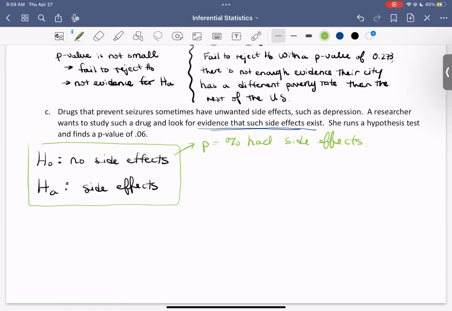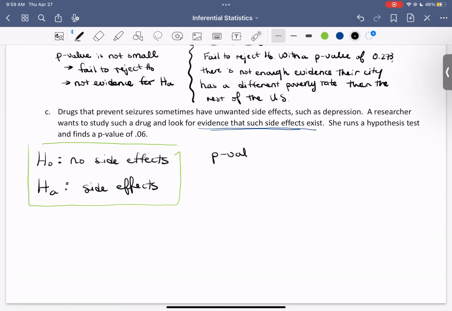And then she'd want to determine what that number was that was acceptable. So maybe if P, this proportion, this percentage, was greater than 20%, she'd say that's going to be evidence that there's side effects. So then we'd want to test P being equal to 20% or P being greater than 20%. Okay. So that's just a little background of where we might see this with numerical context. But this is essentially what she wants to test.